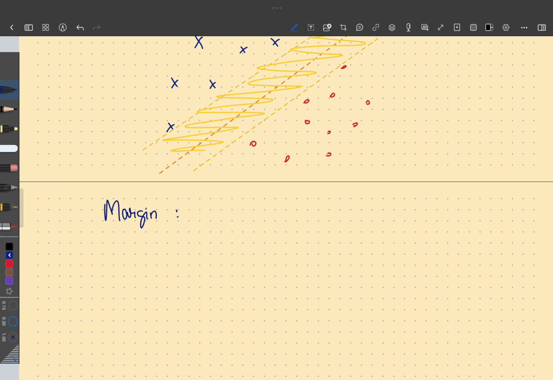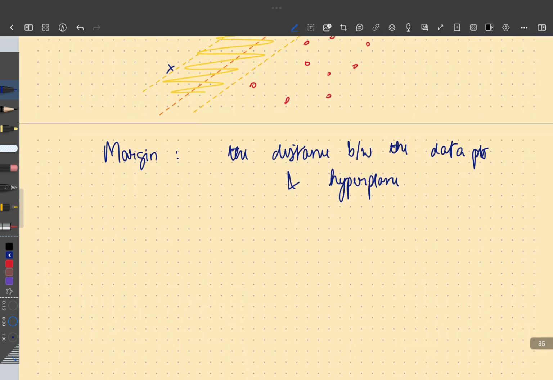So the margin is defined as the distance between the data points and the classifier, the hyperplane. Think so fine so far?